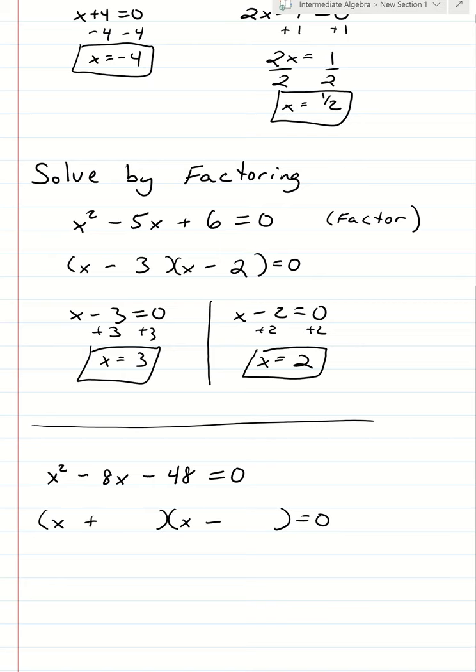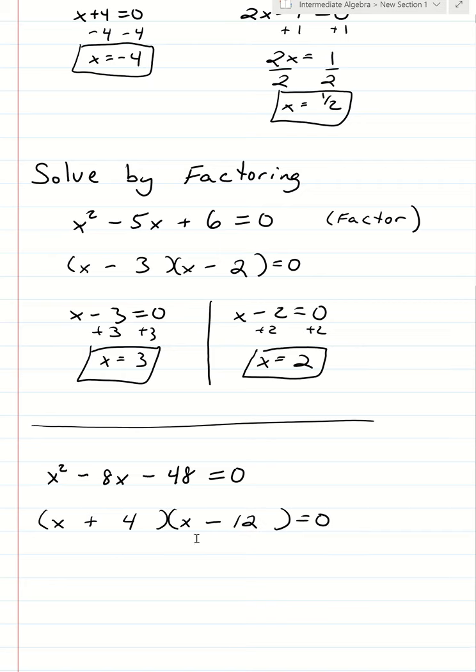And so now I need to think of factors of a negative 48. Two numbers that multiply to negative 48. One will have to be negative, the other will have to be positive, and they have to add up to a negative 8. Well, the two numbers that I think of would be a positive 4 and a negative 12.